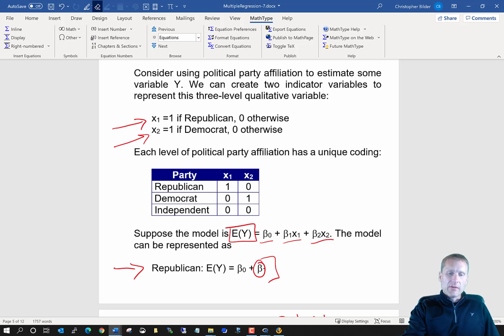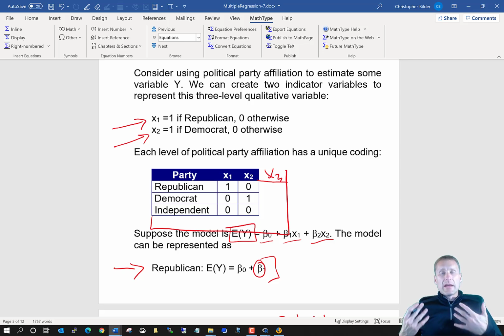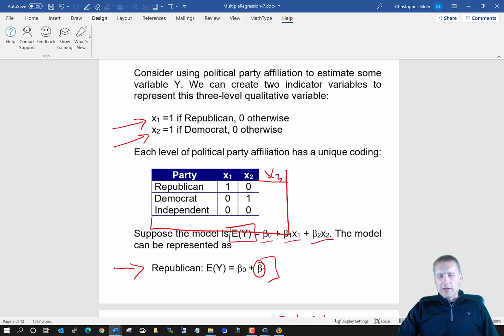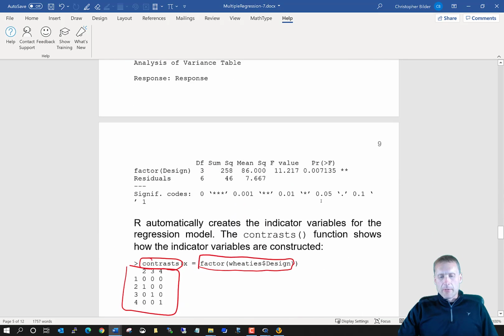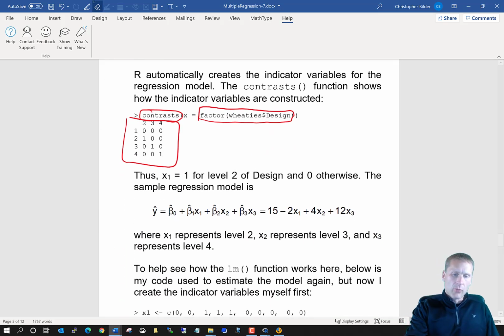The only difference now is that we have a fourth level down here in that table. And some of the coding is a little bit different too.